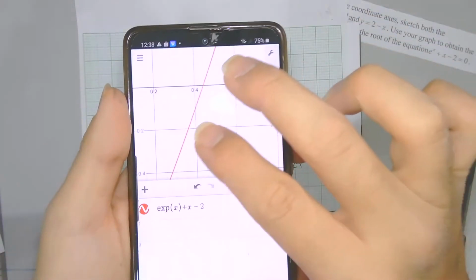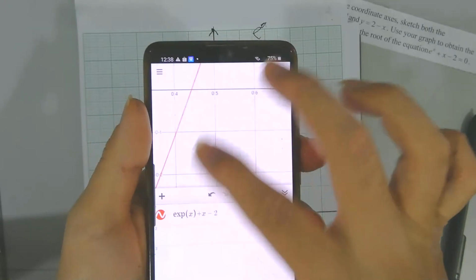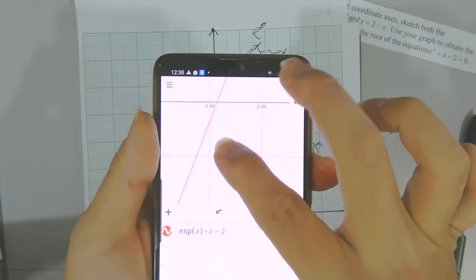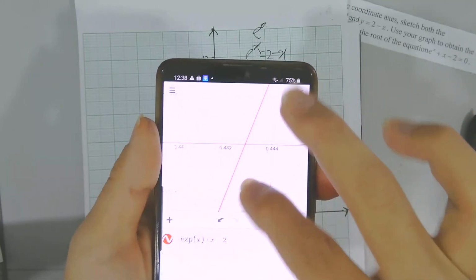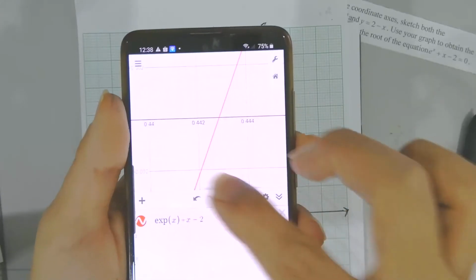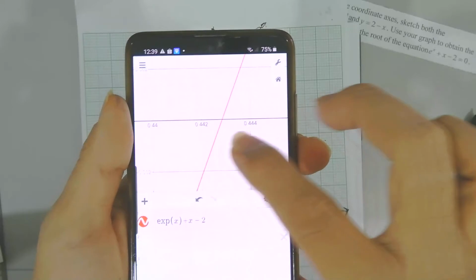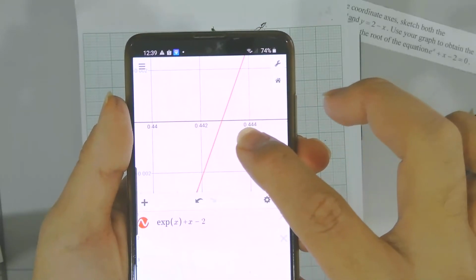But with the app that I have, Desmos, can you see how powerful it is? You can drag, you can zoom in. You can see it's around 0.442 and 0.444. Means that the answer is not 0.4, it's between 0.442 and 0.444.